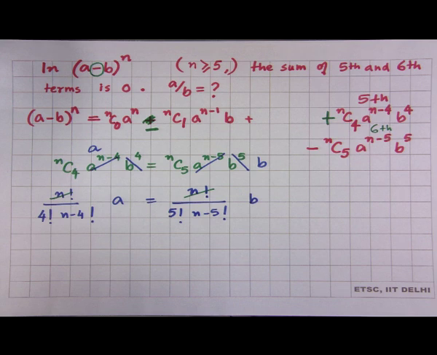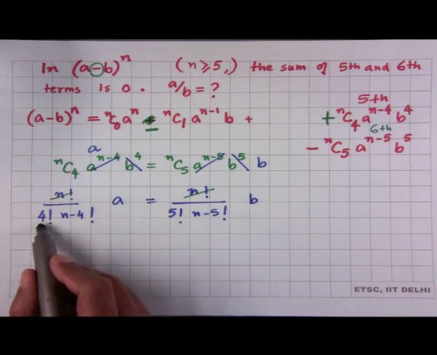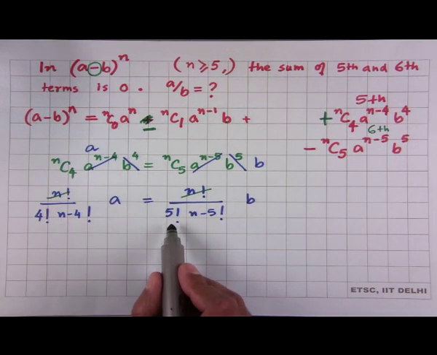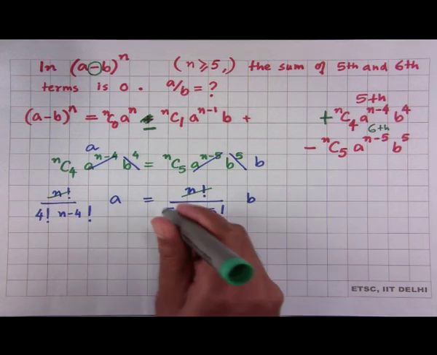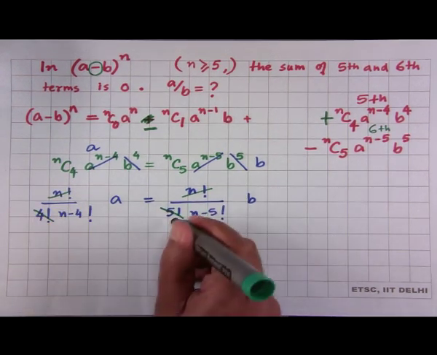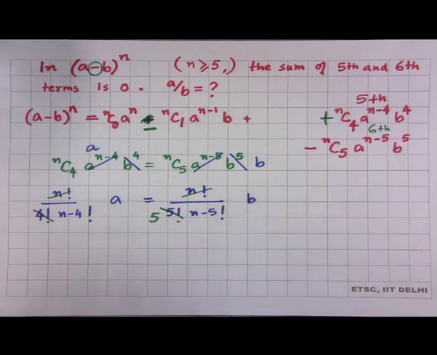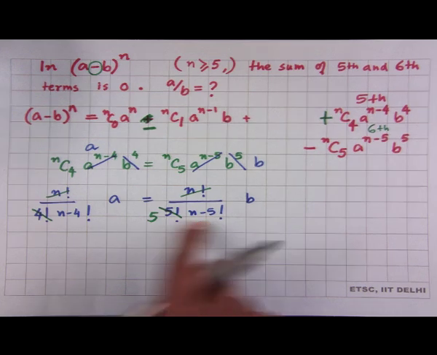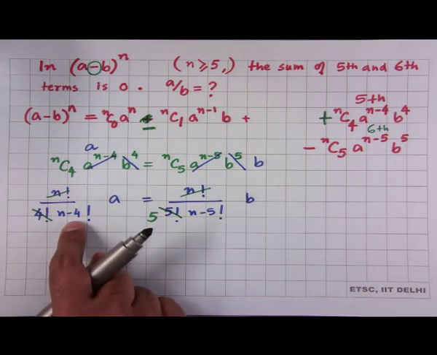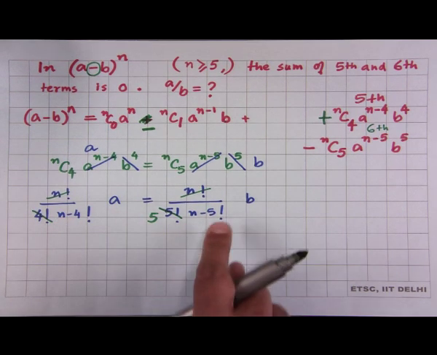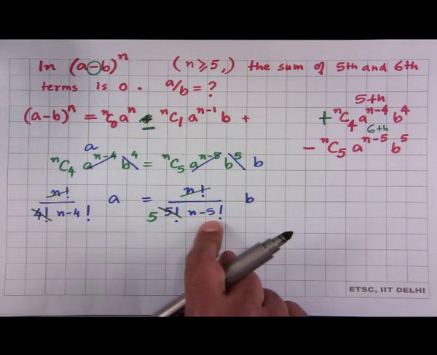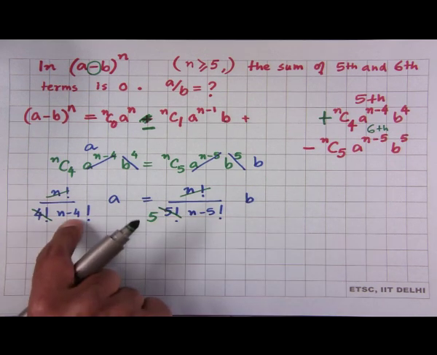n factorial goes away. 4 factorial is 1 times 2 times 3 times 4, and 5 factorial is 4 factorial times 5. n minus 4 factorial is bigger than n minus 5 factorial. n minus 4 factorial is n minus 5 factorial times n minus 4.